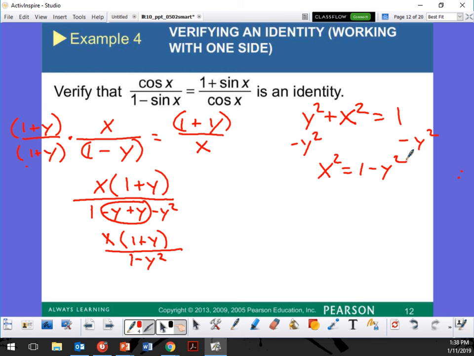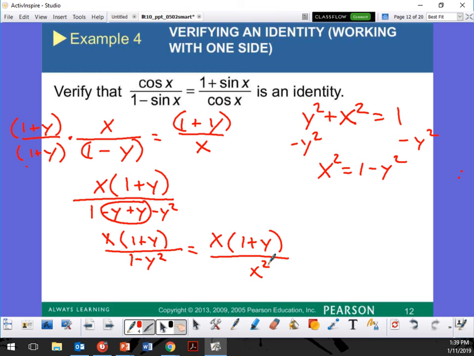So I'm going to erase this part right here, because I don't need it for what I'm doing. Okay, I'll just continue right here. So now this is going to come out to be x times 1 plus y over x squared, right? I just replaced the denominator of 1 minus y squared with just x squared.